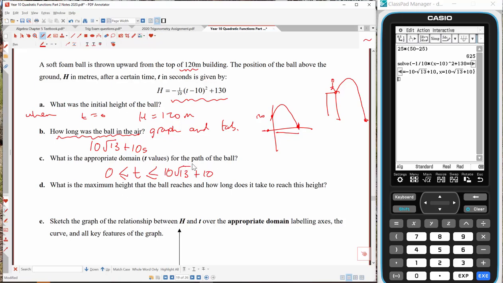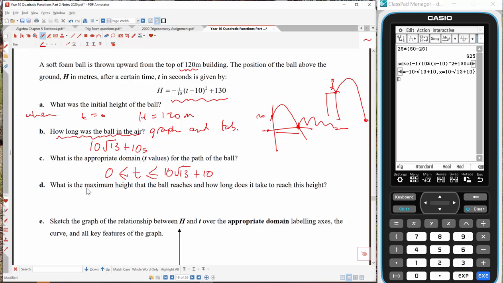So they're the acceptable values between there and there. The ball doesn't continue because it doesn't burrow into the ground or drill itself into the core of the earth. It stops when it hits the ground. In truth, it will probably bounce until it becomes stationary, but we'll pretend that didn't happen.